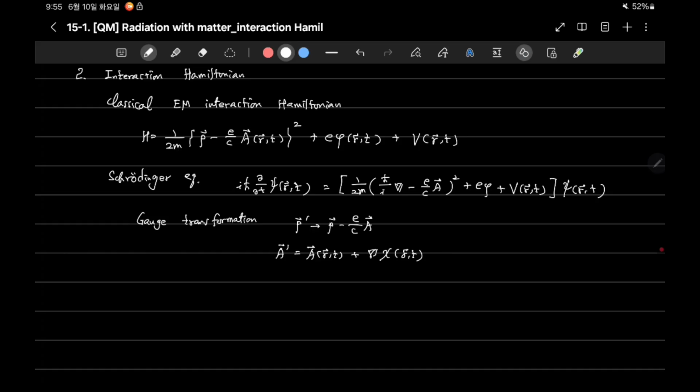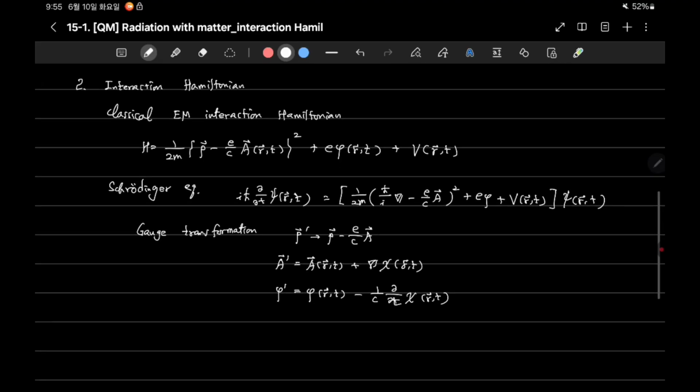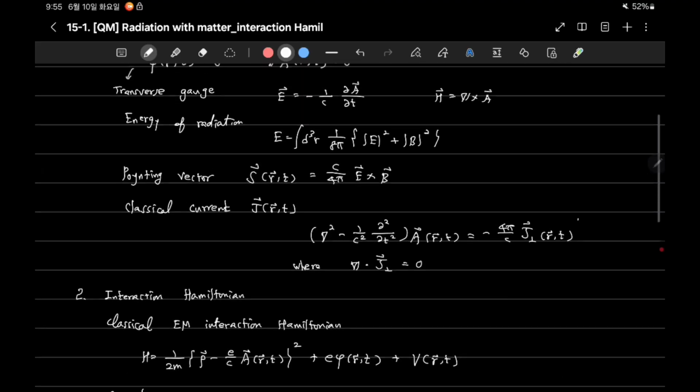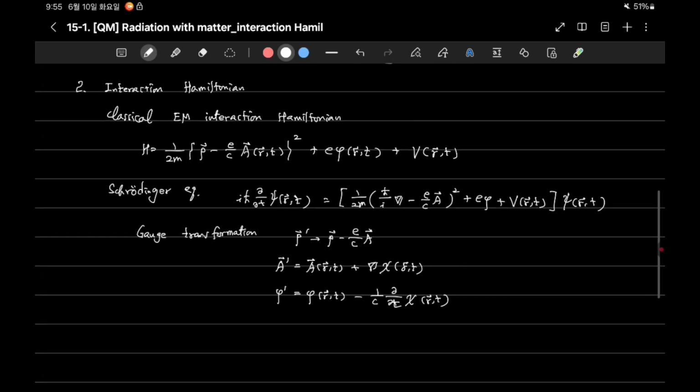Also for the scalar potential, phi prime is phi minus (1/c) times the time derivative of chi, so the fields are invariant under the electromagnetic transformation.